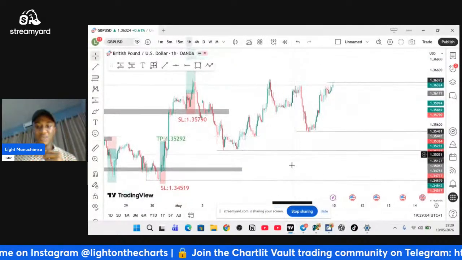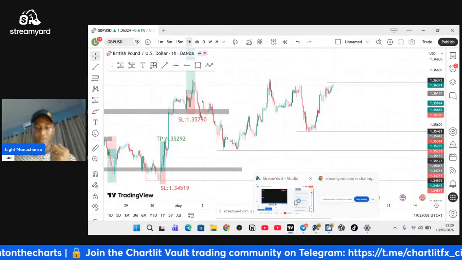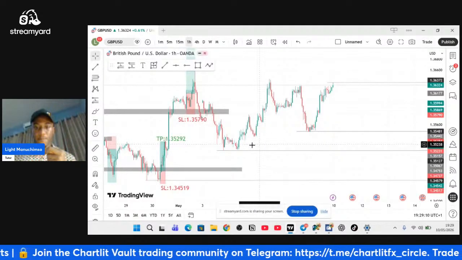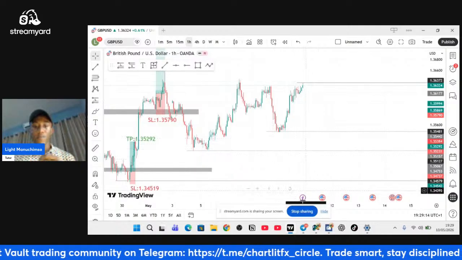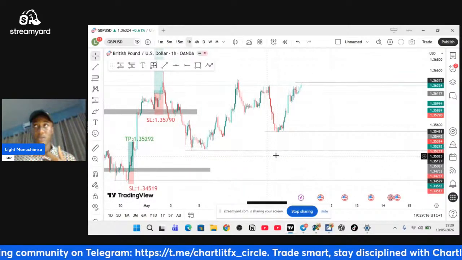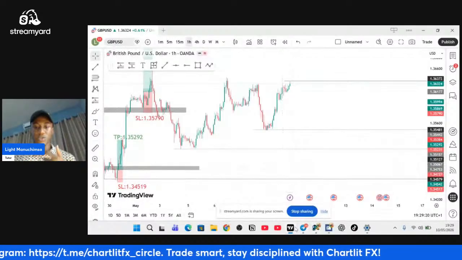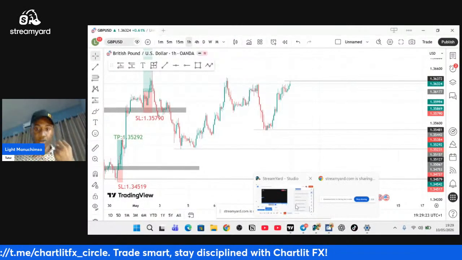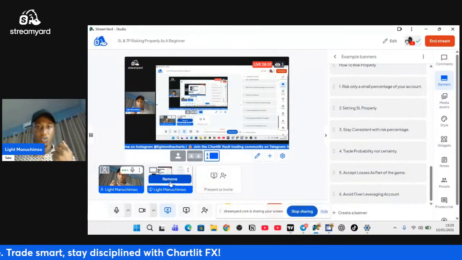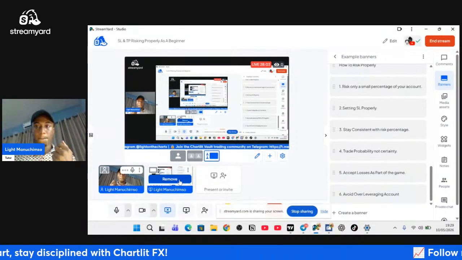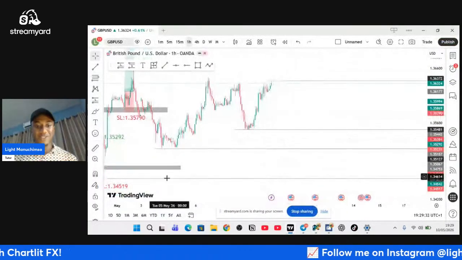Hope you guys can see my screen, right? It should be showing right about now. Okay, I think my screen is showing right now.